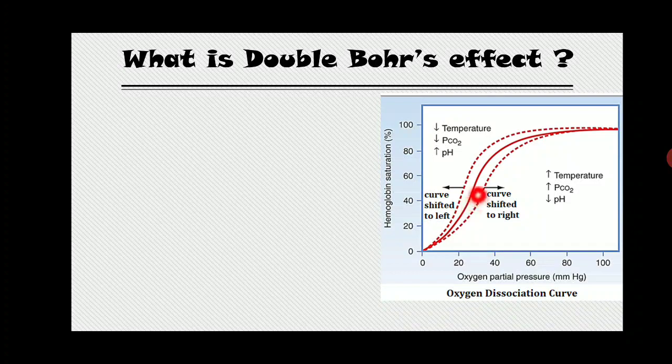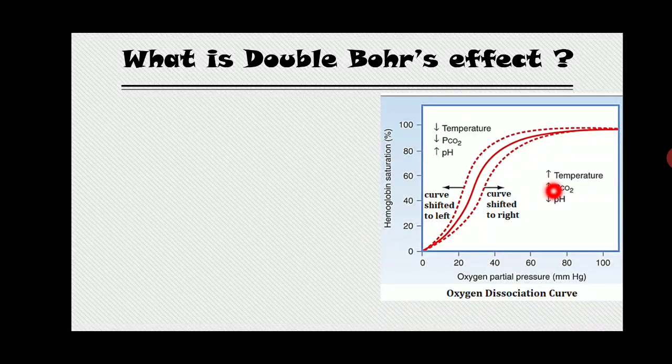Now if the affinity of hemoglobin to bind with oxygen is decreased, this entire curve shifts to the right. In which conditions does this shift to the right occur? Basically increased temperature, increased partial pressure of carbon dioxide, and decreased pH. The important thing in this discussion is the partial pressure of carbon dioxide.